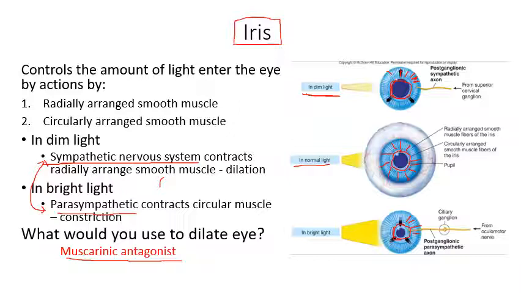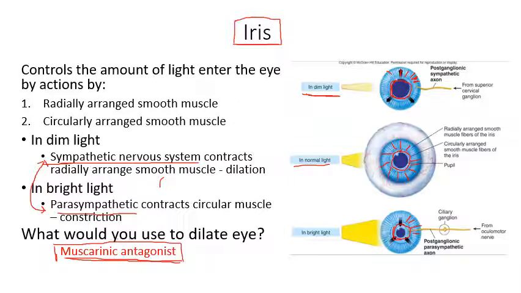If I cannot contract this, what's going to happen? My eye is going to stay dilated. So if I have a muscarinic antagonist, I can keep this muscle from contracting, and I would have dilation. But we'll touch on this more when we get to the autonomic nervous system.